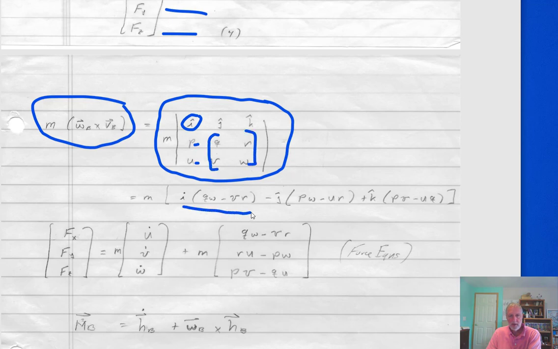So that's this term, I times QW minus VR. And then you expand out the determinant about J, and you get this times this. So this is minus J, because it's the second term of the determinant, PW minus UR. And then we expand about K, and we get this term here.